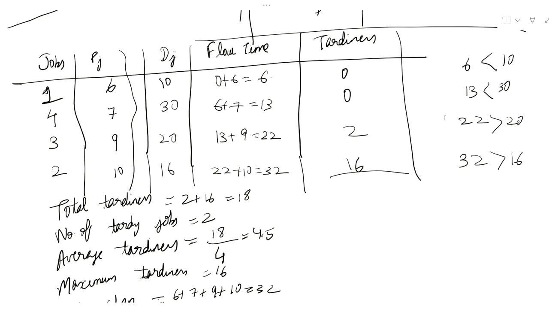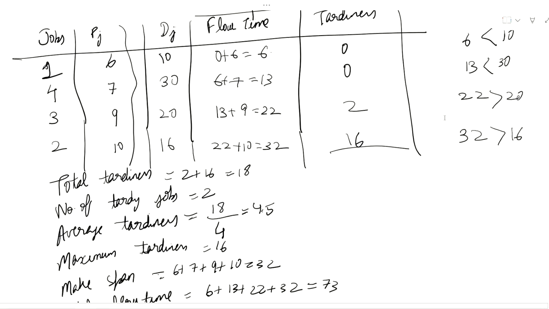The flow time is calculated, and subsequently the tardiness is calculated. If the flow time is less than the due date, the job is not late, and if the flow time is more than the due date, there is tardiness.